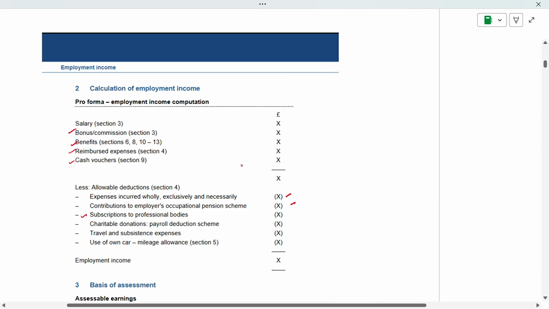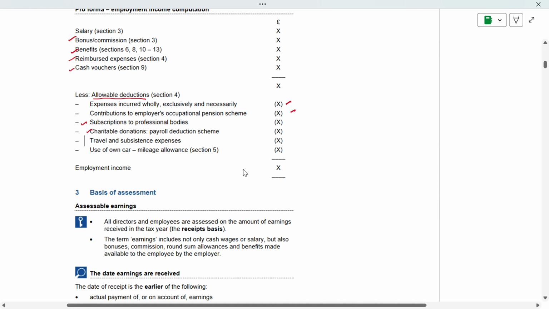Very important, they will test you on these things. Either we have to deduct, or you have to put zero. Allowable deductions also include charitable donations through the payroll deduction scheme, and travel and subsistence expenses, including use of own car.